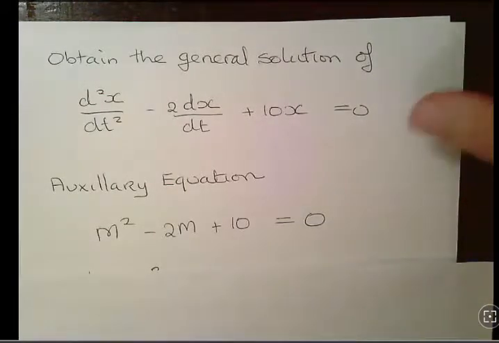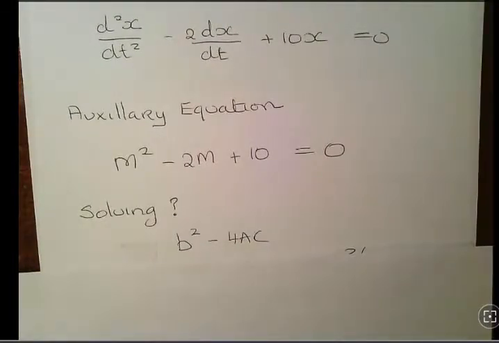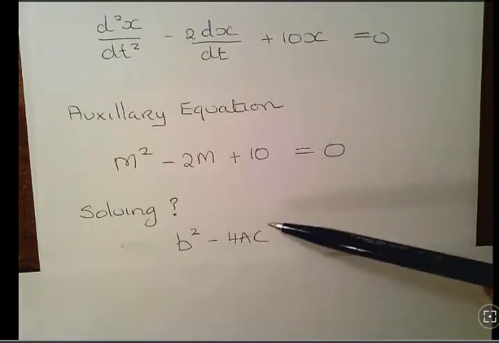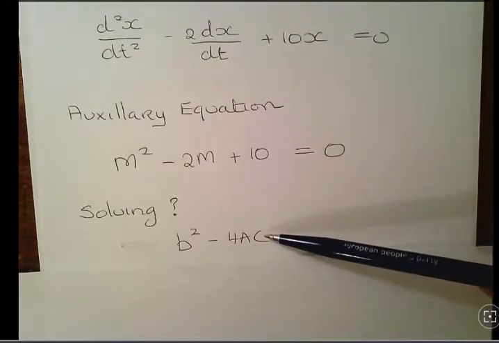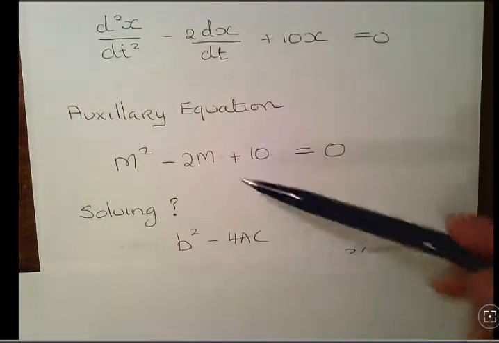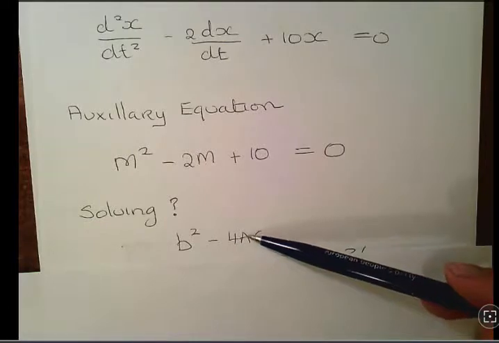Okay, so can we solve that? Well, I said earlier on that there's three different variants here. If you try factorizing that, you might spot very quickly that b squared minus 4ac is going to be 4 minus 4 times 1 times 10.